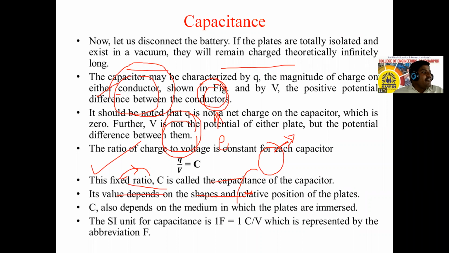C is equal to Q divided by V. So charge unit is coulombs, represented by C, and the potential unit is volts. So it is nothing but 1 farad, equal to 1 coulomb divided by volt, which is represented by the abbreviation F.